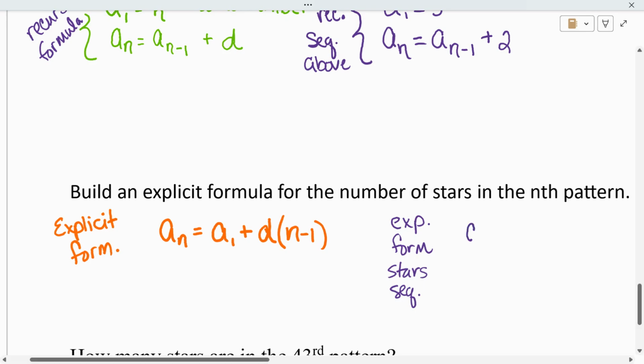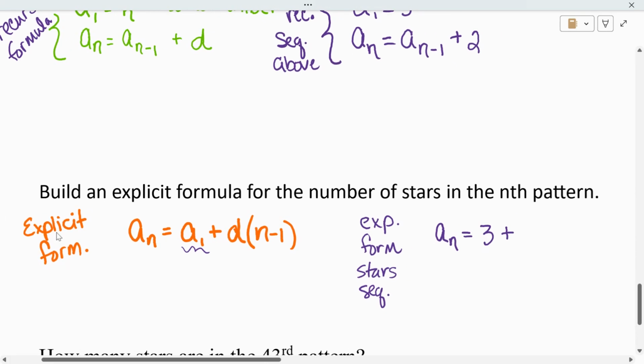So we start off with a sub n equals, we're replacing a sub 1 with 3 plus, what was our common difference? 2 times n minus 1. Okay. Do you think you could simplify this?